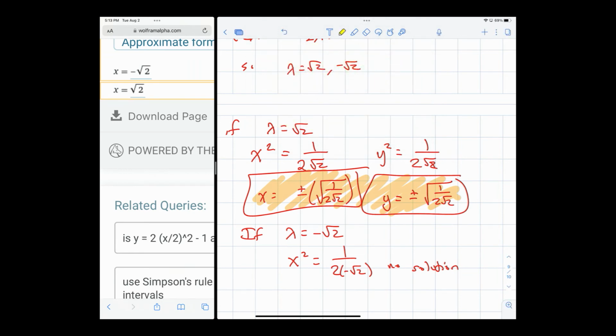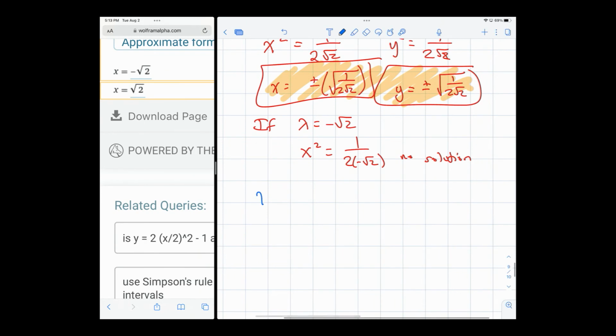So what we get is every combination of those. So like you have x equals the plus square root 1 over 2 square root 2, plus 1 over 2 square root 2. I said x, but how about xy? So there's a point.